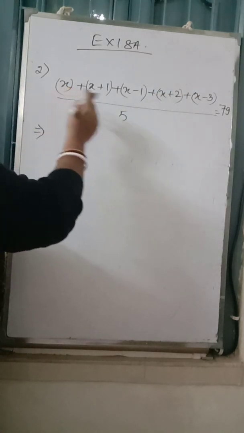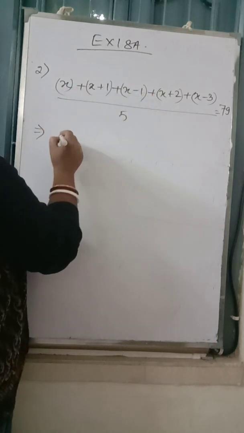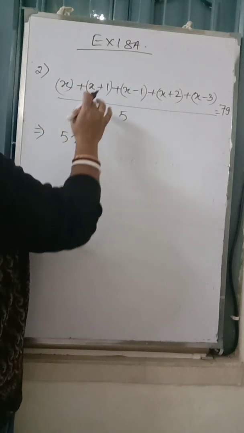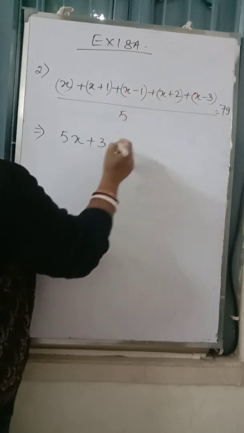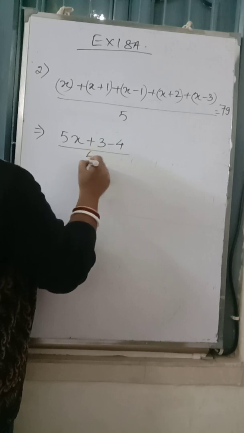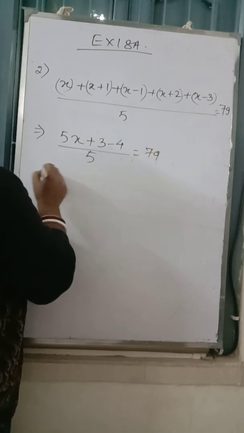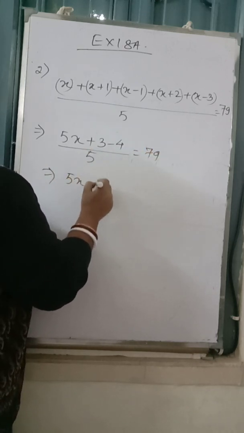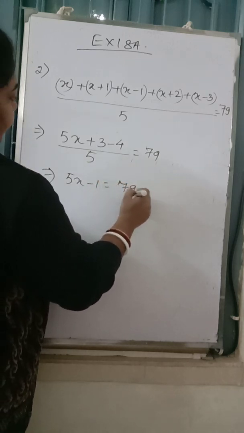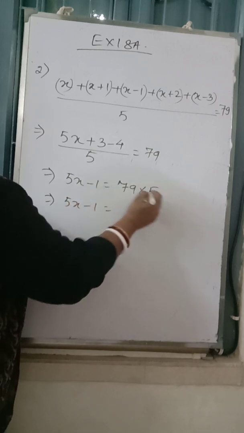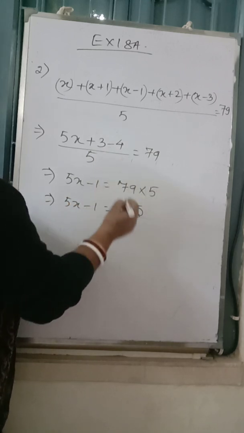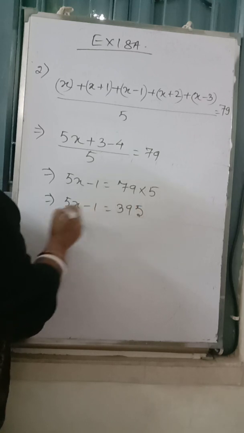Now we are given the mean. So the sum of 5 numbers divided by 5 is equal to 79. Now we'll add the x's: 5x plus 1 plus 2, 3, minus 1 minus 3, minus 4, by 5 is equal to 79. Now 5x minus 1 is equal to 79 into 5. 5 9s are 45, 5 7s are 35 and 4 is 39, so 395.